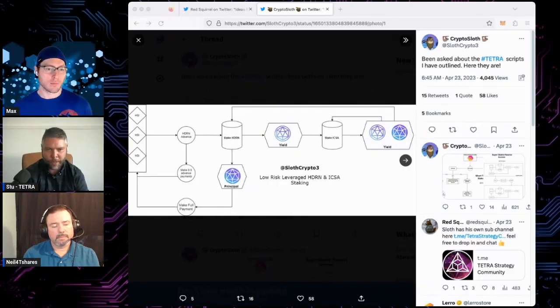Your stables pay for your fees, and your gas tokens pay for your gas. So you don't need to hold any Tetra tokens. We don't even need to talk about the token because it's irrelevant to the operational aspect of the protocol.